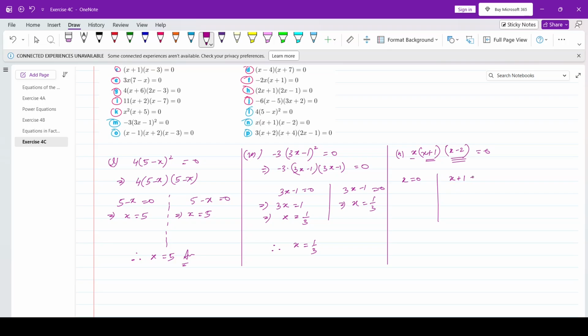Second is x plus 1 is equal to 0. And third is x minus 2 is equal to 0. From here, we'll get x is equal to 0. From here, we'll get x is equal to negative 1. And from here, we'll get x is equal to 2. Therefore, the value of x is equal to 0 or negative 1 or 2.